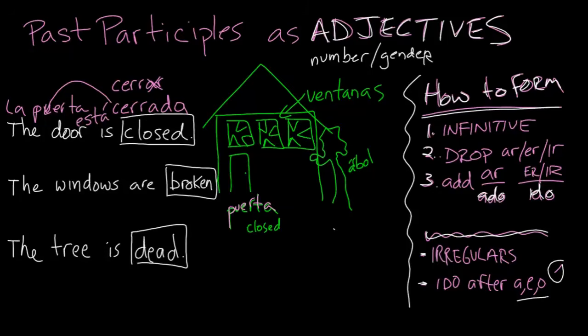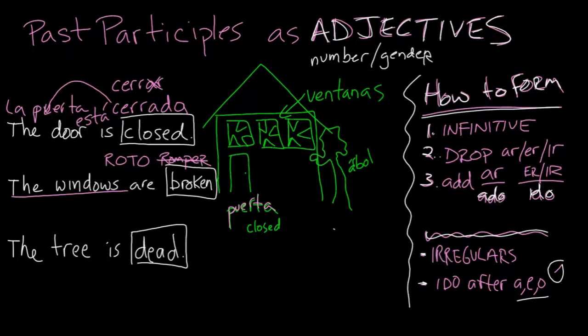Let's look at our second example, broken. So to break is romper. And romper is one of our irregular participles. And so that one would be roto. And what are we referring to?